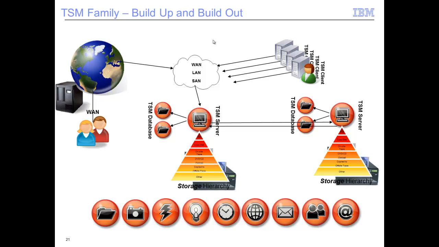We get multiple clients backing up to it over the WAN, the LAN, or the SAN. If we want to, we connect it in with another Tivoli Storage Manager server to get the benefits of things like node replication for disaster recovery. We can protect all kinds of different data, whether it be file system, virtual machines, whether it's databases, or whether it's third-party products that are linking in via our API.